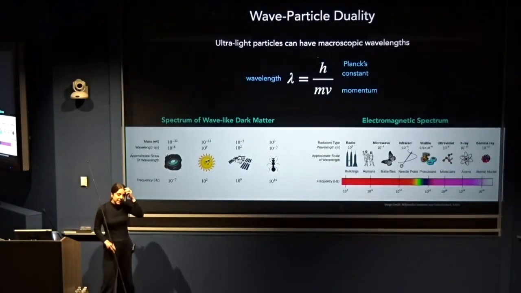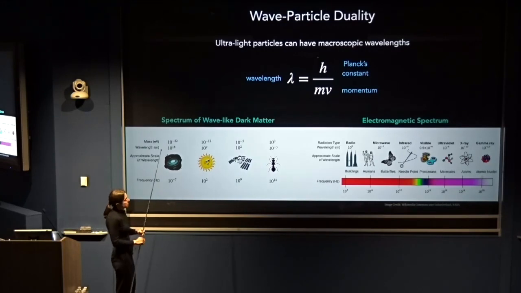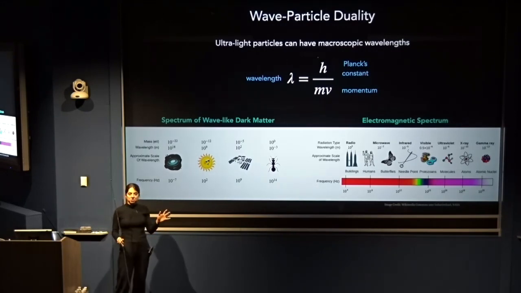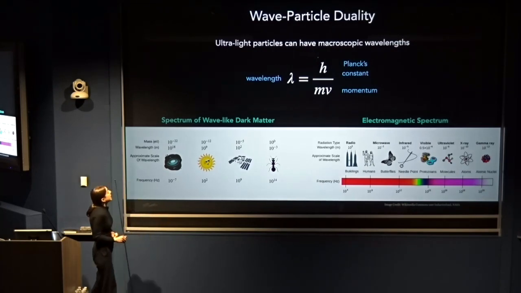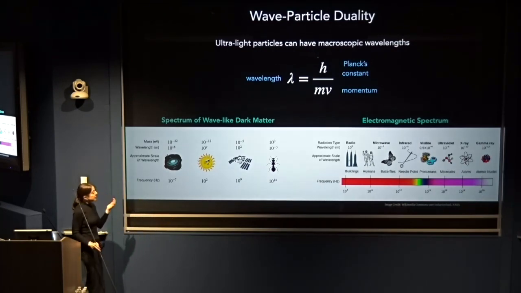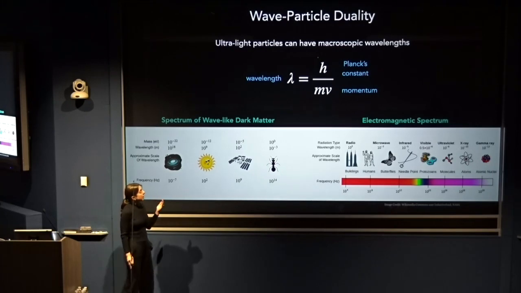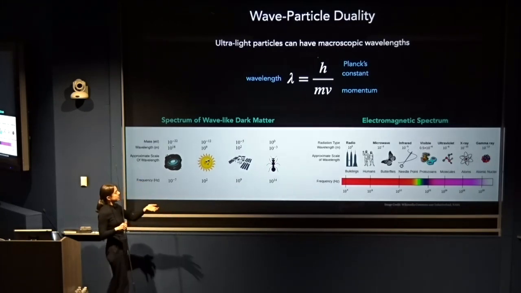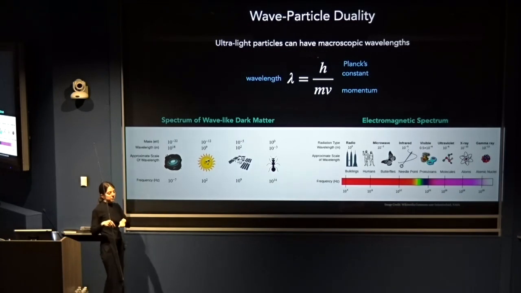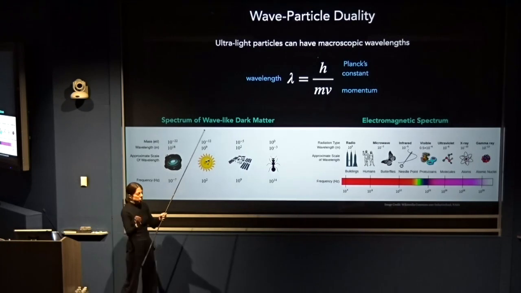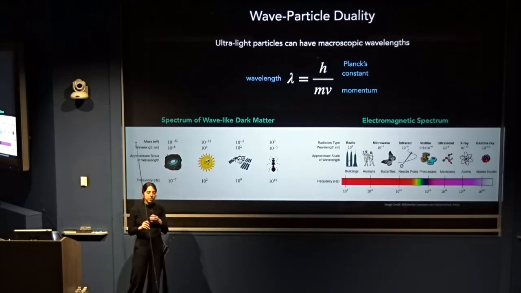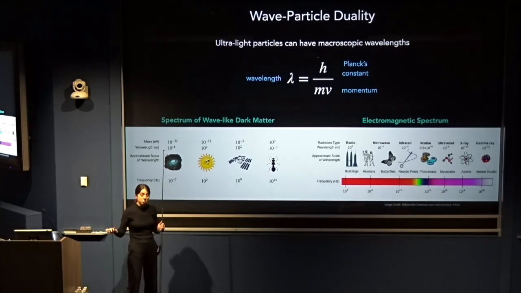And in order to make that jump, I just want to remind us of a basic tenet in physics, which is wave-particle duality, where in the classical case, we think of there being essentially a degeneracy between the mass of an object and its wave-like nature. And we can go back and forth between thinking of something as acting like a particle versus acting like a wave.